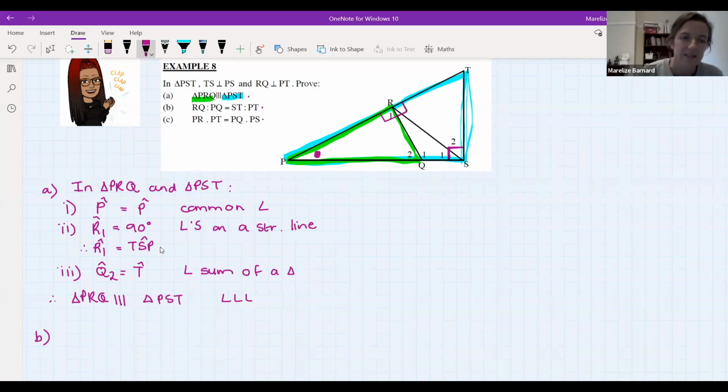That's what it means that the sides are in proportion. So the ratios of the sides are equal. So when you get to this part, you need to just start thinking about the fact that the sides of similar triangles are in proportion.